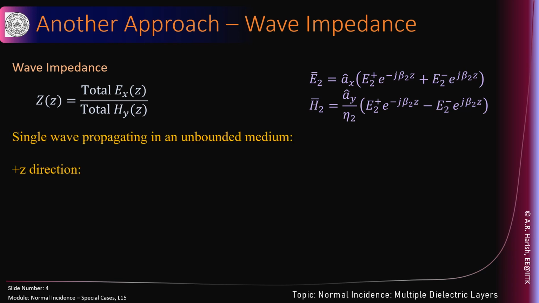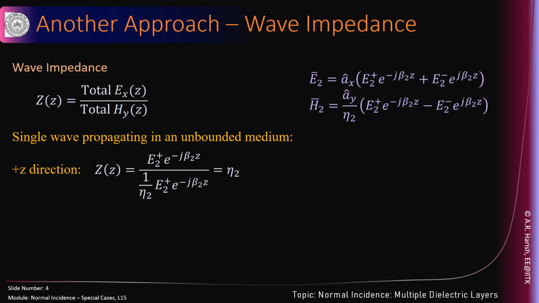For the moment, let us consider a single wave propagating in an unbounded medium. Just imagine that. That means either it can have a positive z going wave or a negative z going wave. If it has a positive z going wave, then we have quantities E2 plus e to the power of minus j beta 2z and E2 plus upon eta 2 e to the power of minus j beta 2z.